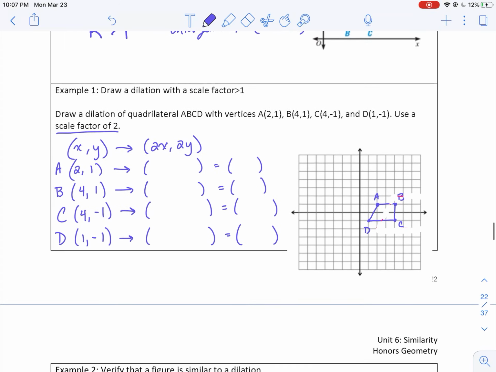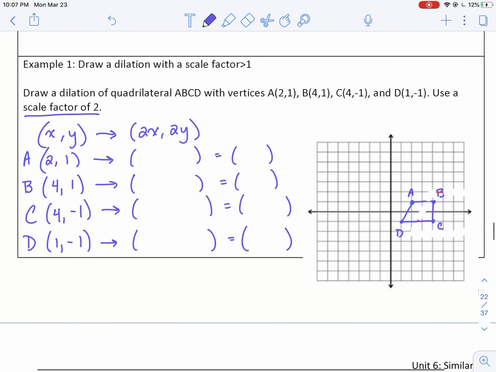So if we look at example 1, it asks us to draw a dilation with scale factor greater than 1. They're giving us the coordinates for our quadrilateral ABCD and each of the vertices. They told us that our scale factor is 2. So I'm going to have 2 times x, 2 times y.